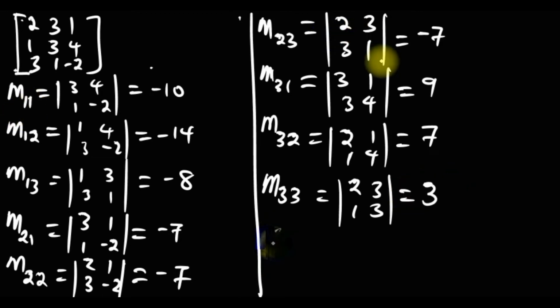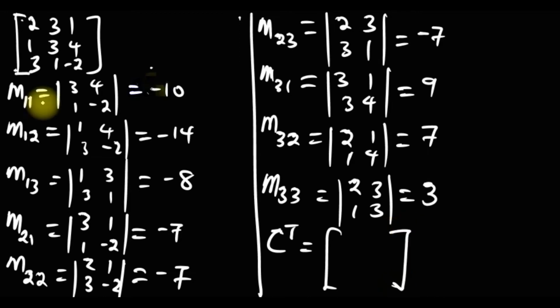So the cofactor is the matrix of the minors, but you alternate in sign. So this is positive. 1 plus 1 is an even number. Do you remember that the matrix of minors with alternating signs is the cofactor?